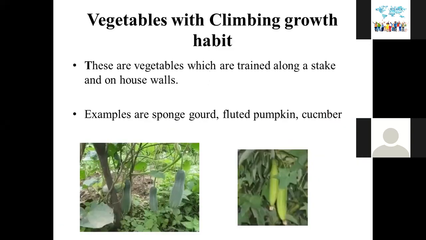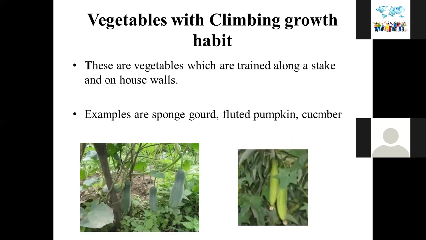We also did look at those vegetables that have the climbing growth habit. For example, if you are growing spongy gourd or cucumber, and you put a stake near the plant, the stem or the vine of that plant will start climbing that stick.